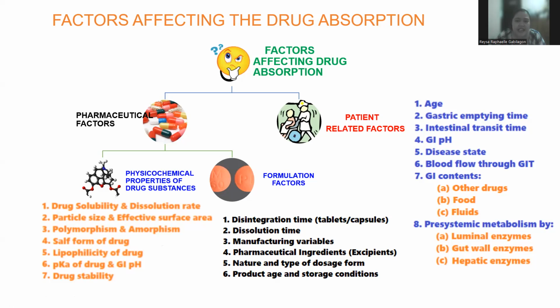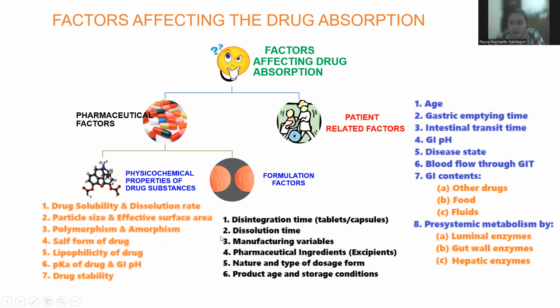Most likely, if we have a smaller particle size, we have a larger surface area, and that will mean the drug's dissolution rate may increase. So that will help in the drug solubility actually. And then we have polymorphism and amorphism, wherein our drugs may exist in different forms, especially our crystals.